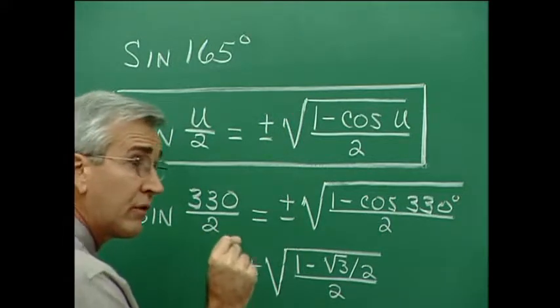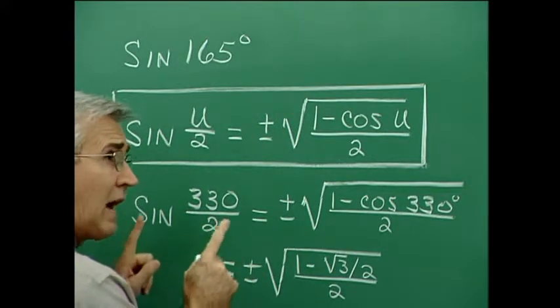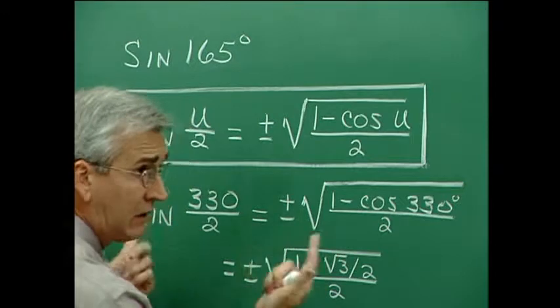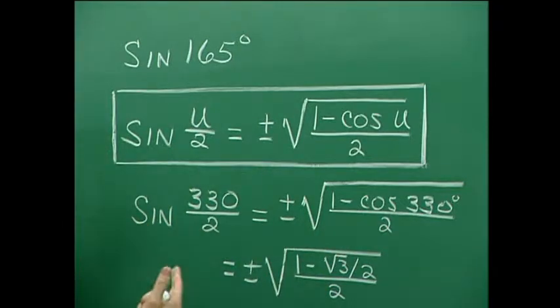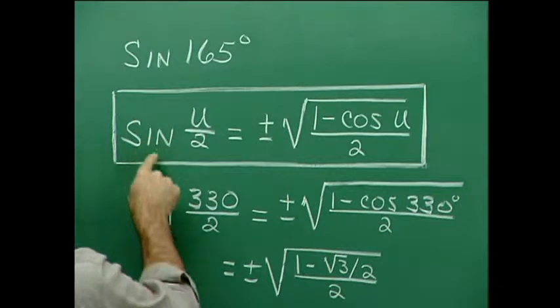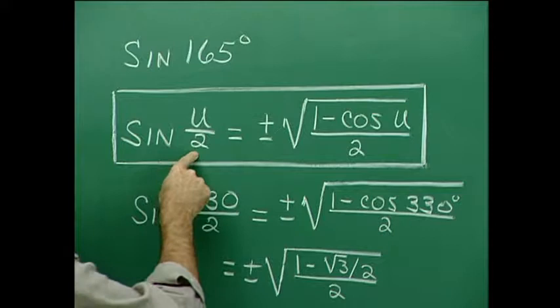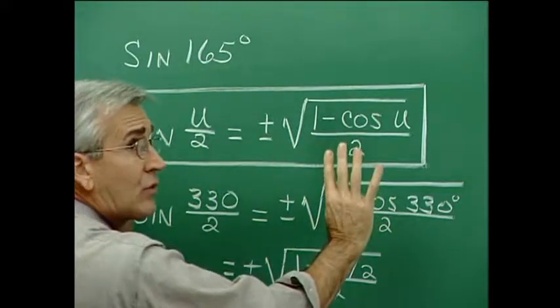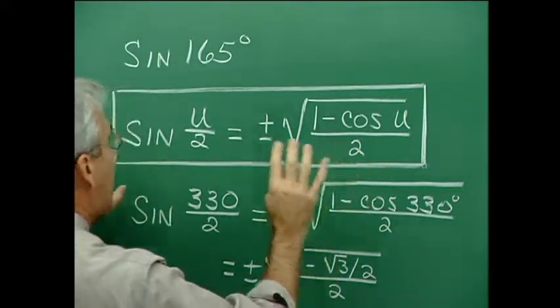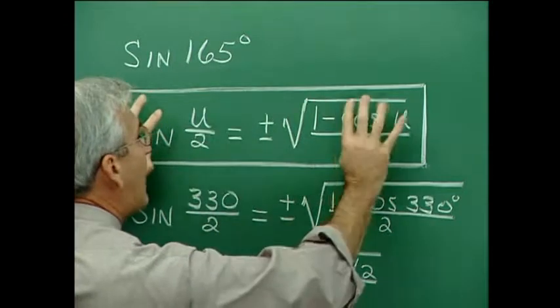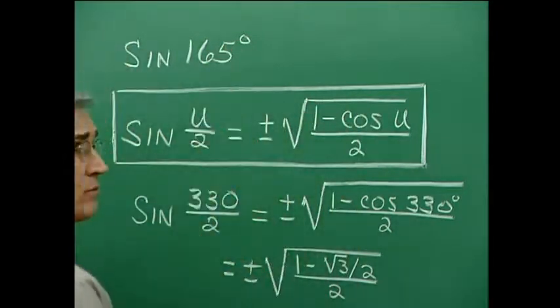And 330 degrees is one of those handy angles that has a reference angle of 30 degrees. So we're going to use a half angle formula, and the one we're using involves sine, of course. So it's sine u over 2 is equal to, and I'm just taking this right out of the list, fitting the pattern for this formula using this particular problem.